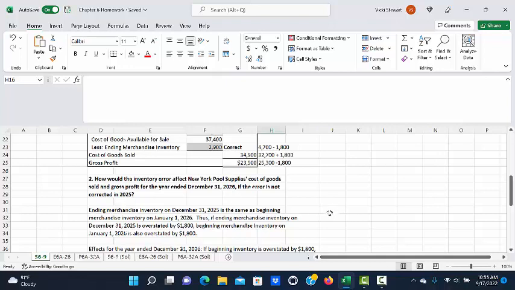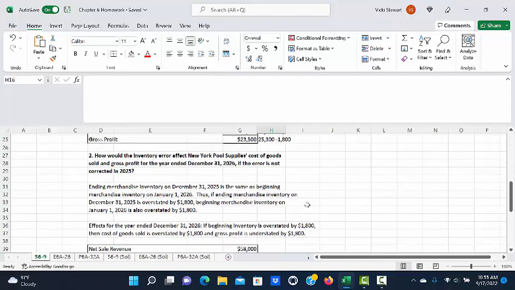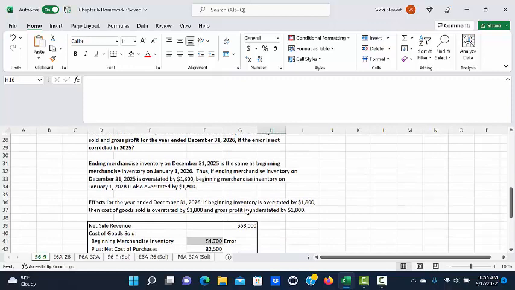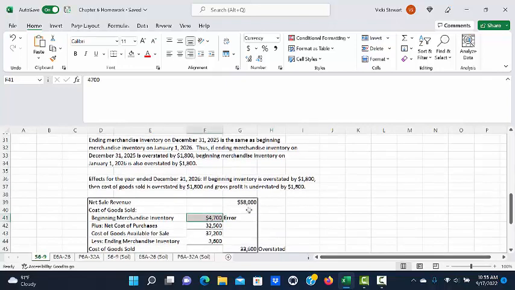Now we know that ending merchandise inventory on December 31st, 2025 is the same as merchandise inventory on January 1st, 2026. Thus, if ending merchandise inventory on December 31st, 2025 is overstated by $1,800, then the beginning merchandise inventory for the next year on January 1st, 2026 is also overstated by $1,800.